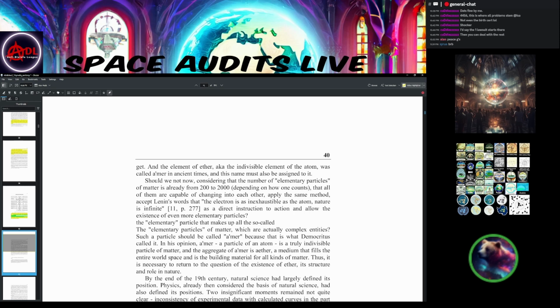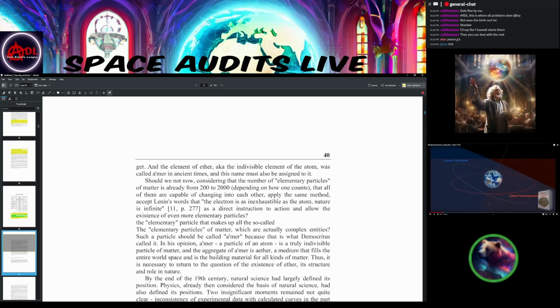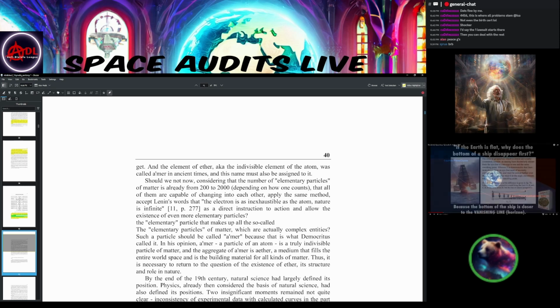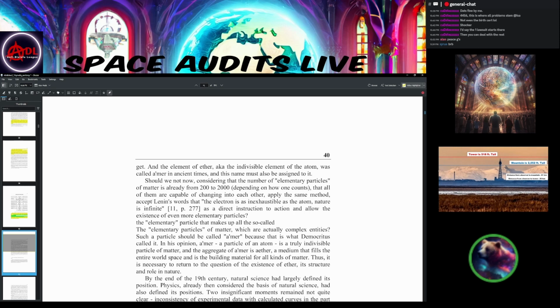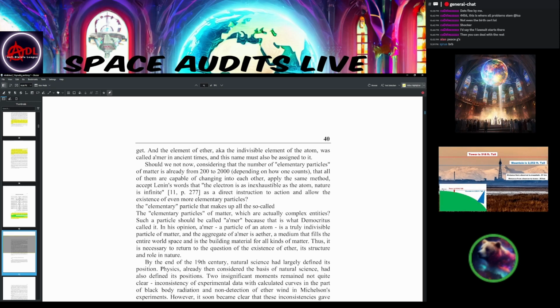Now, considering that the number of elementary particles is already from 200 to 2000 depending on how one counts, and that all of them are capable of changing into one another, we should apply the same method, except Lenin's word that the electron is inexhaustible as the atom, nature is infinite, and the direct instruction to allow the existence of even more elementary particles.